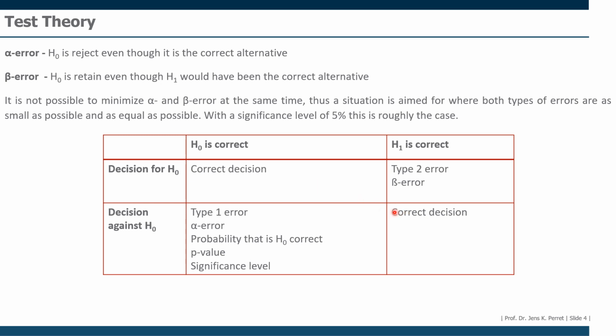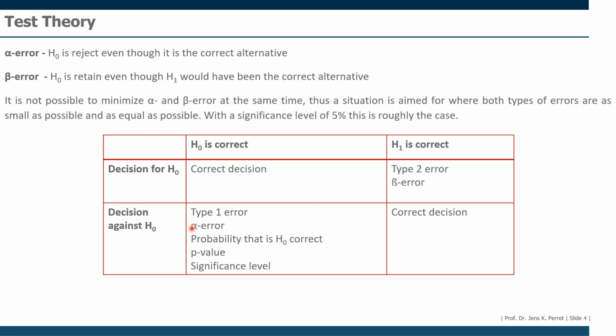The only problem results if the other two situations actually take place. So in other words, if we assume an effect, but there is none, or if we assume there is no effect, but there is one. And of those two cases, this one is actually the most critical. So there is no effect, but we assume that there is an effect. In this case, that's the one we try to avoid.